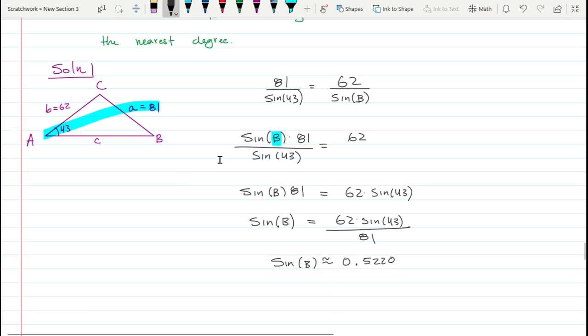If you get a number here that is greater than 1, then you should think sine of any angle can only be between -1 and +1. So if this is a number that's bigger than 1, then you would understand that there is no angle that can give you that measurement. So you would have no triangle if that was the case.